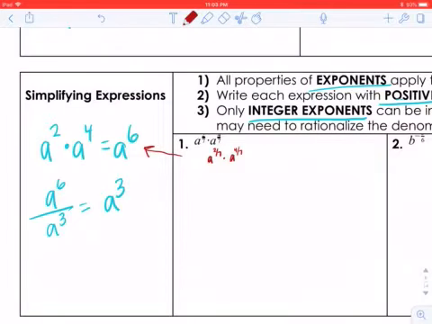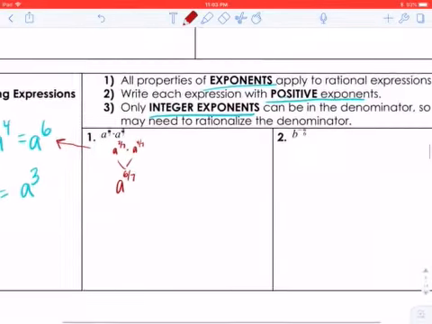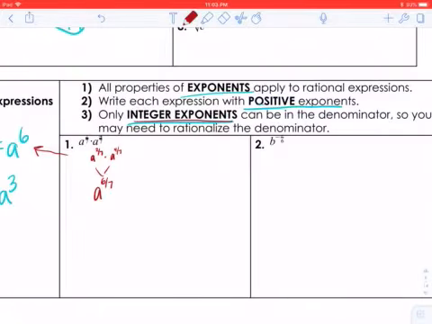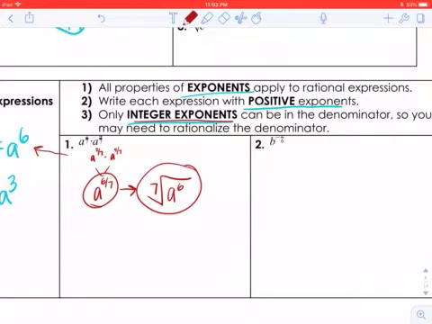So I would say that this combines to give me a to the power of 6/7. Right? So it says only integer exponents can be there. So what I'm going to do is I'm also going to turn this into 7th root of a to the 6th. Right? So both of these answers are correct because there's no fraction in a denominator here.